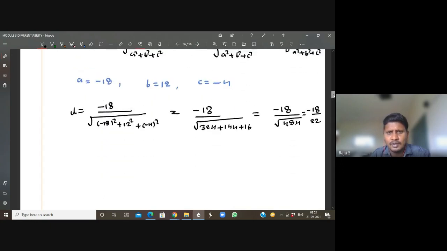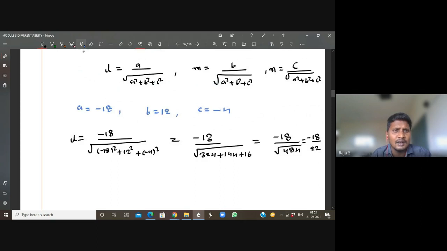In the same way, you have to find the m value with the help of the b value. So l is equal to minus 18 by 22. The denominator 22 is fixed for all the direction cosines, because m is equal to b by the same root, that is 12 by 22.